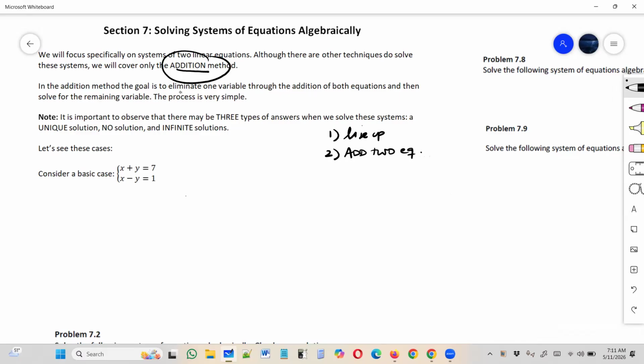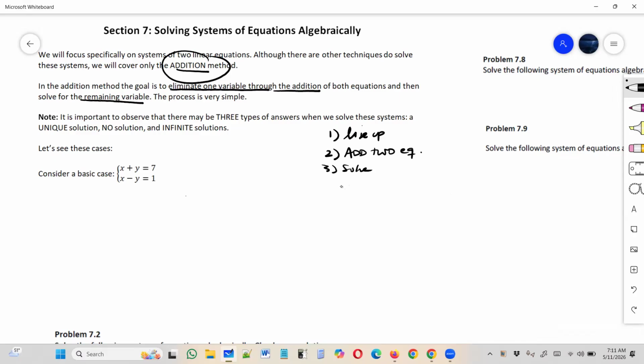Our goal is going to be to eliminate one variable through the addition process. Once we eliminate one variable, we can solve for the remaining variable. Solve the remaining equation. So the process is very simple.